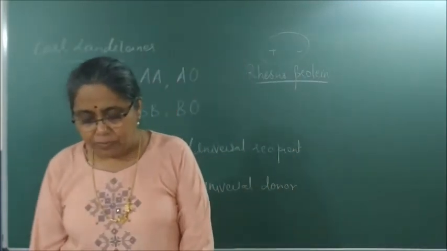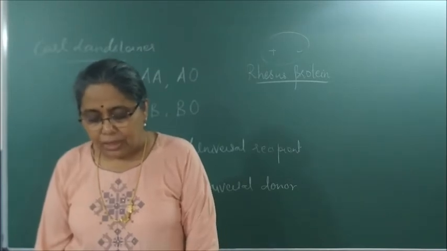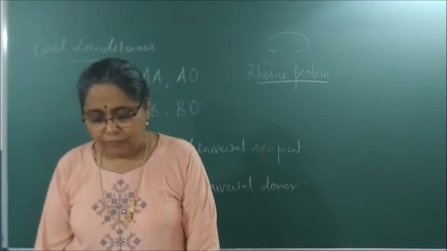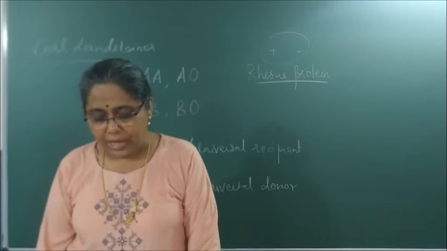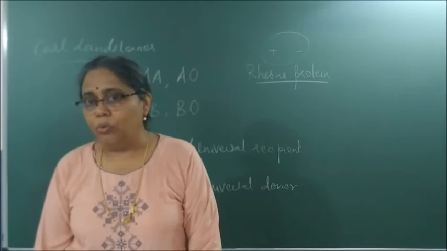Now, what is the question asked? A man with blood group A marries a woman with blood group O, and their daughters have blood group O. Is this information enough to tell you which of the traits, blood group A or O, is dominant? Why or why not?